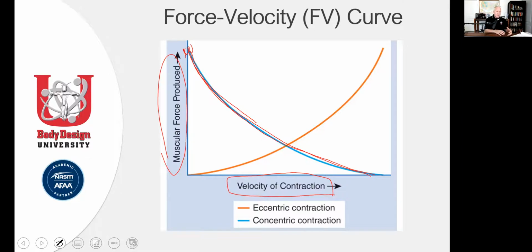Concentric is the shortening of the muscle to move a load from point A to point B. Then the eccentric is the contraction that takes it back to its original position, but under controlled, slow contractile speed. So if I let down the dumbbell, I'm controlling its descent.